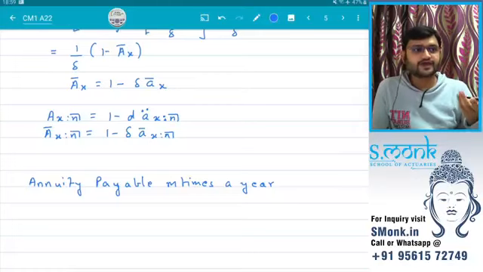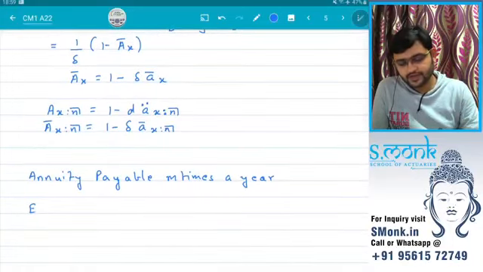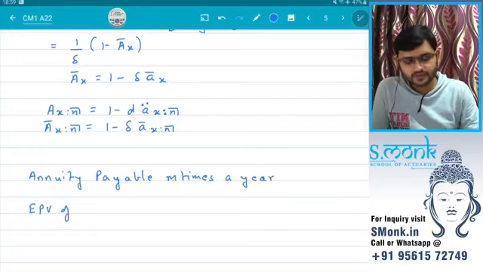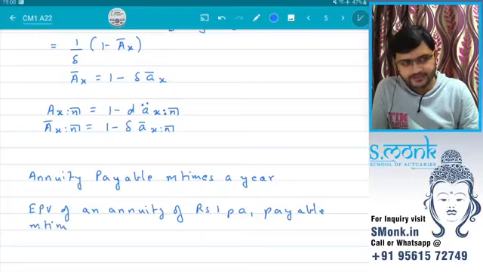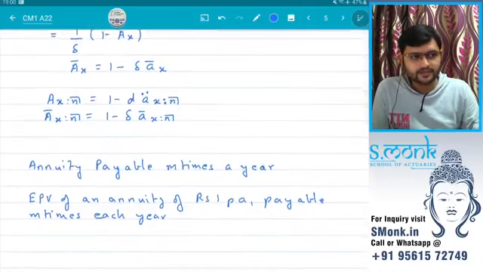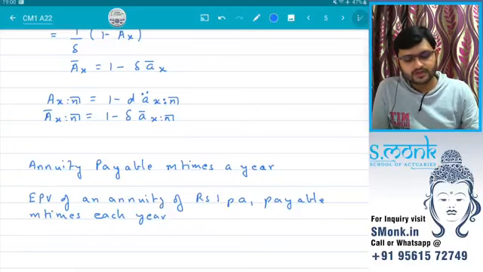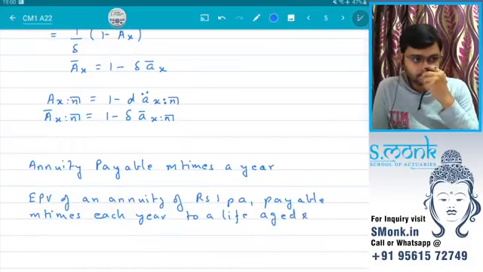what we are doing is we are finding the expected present value of an annuity of rupees 1 per annum, payable m times each year, to a life aged x, right?